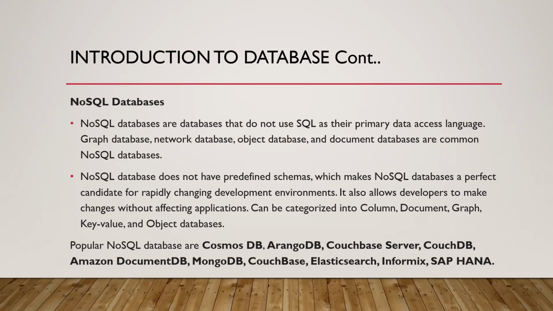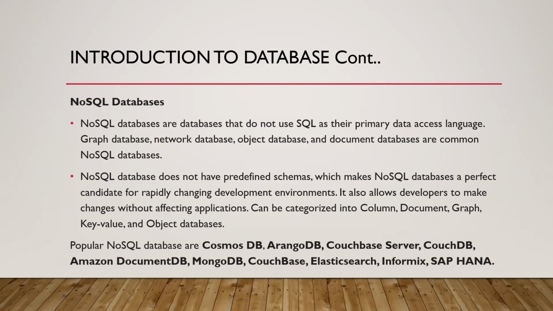But these NoSQL databases are good when you want to do rapid changing. If you want to change anything in your application or in your database, you are advised to use a NoSQL database.